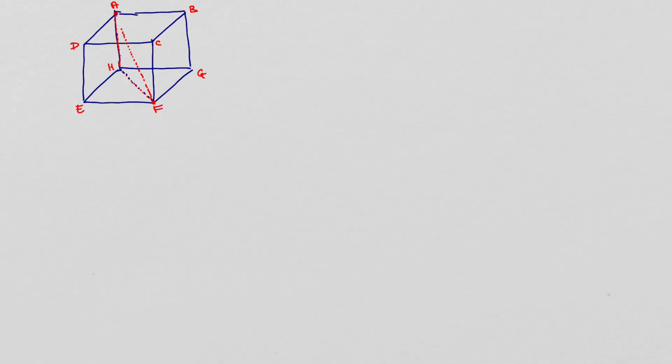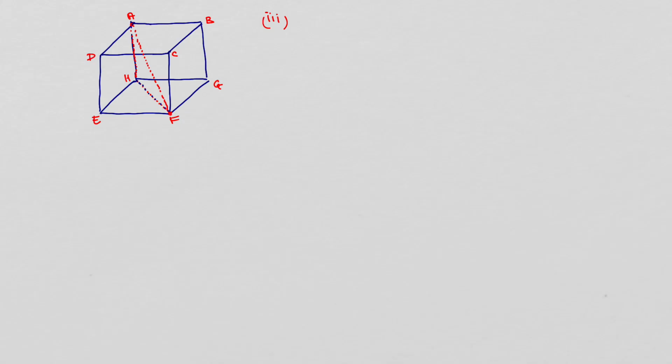So for the last part we want to find AFE, and again if I look, I have just found A to F. We know E to F because that's the side of our cube, and AF.